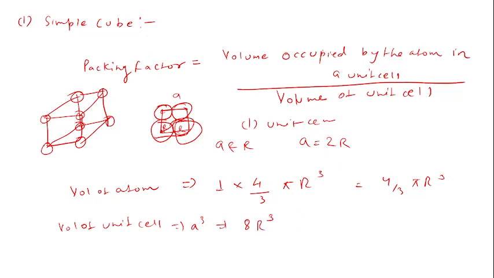Now the APF, atomic packing factor, will be 4 by 3 pi r cube divided by 8 r cube. When you calculate this, it comes to pi by 6, which is 0.52. So the APF of your simple cubic structure will be 0.52.